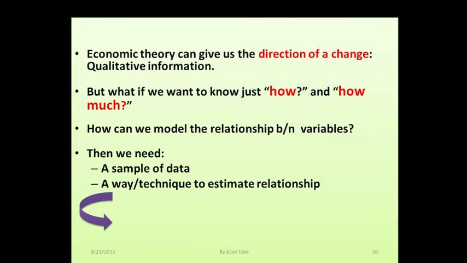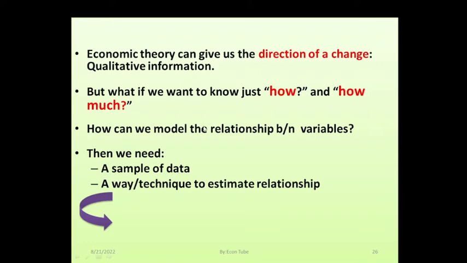So, why do we care about regression? Because economic theory can give us the direction of change. It means it is qualitative information. But what if we want to know how and how much?